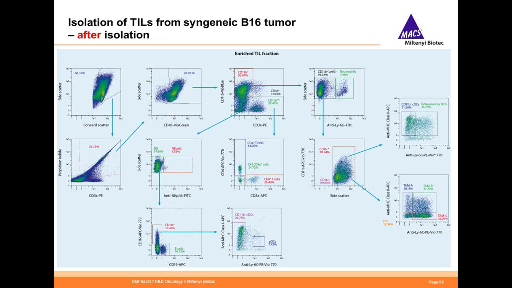When you do the isolation, you start with a much more pure population in the beginning, and then with acquiring the same number of 100,000 events, you can even go down to small subpopulations like dendritic cells, tumor-associated macrophages, and can even do a sub-phenotyping of these without using more time and more effort at the flow cytometer.